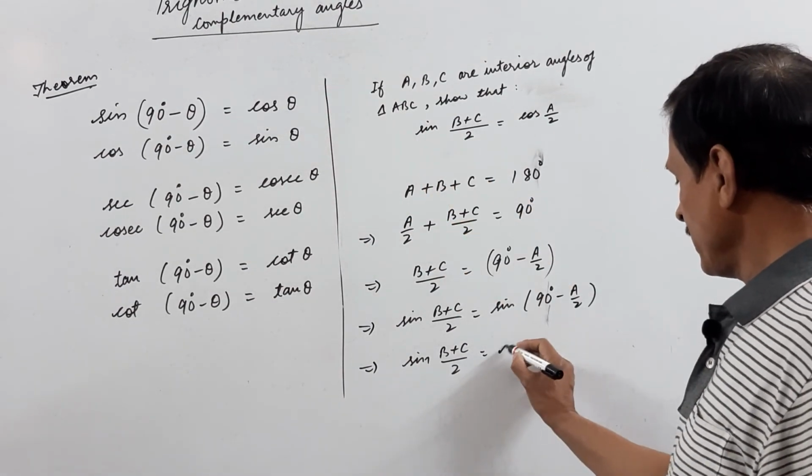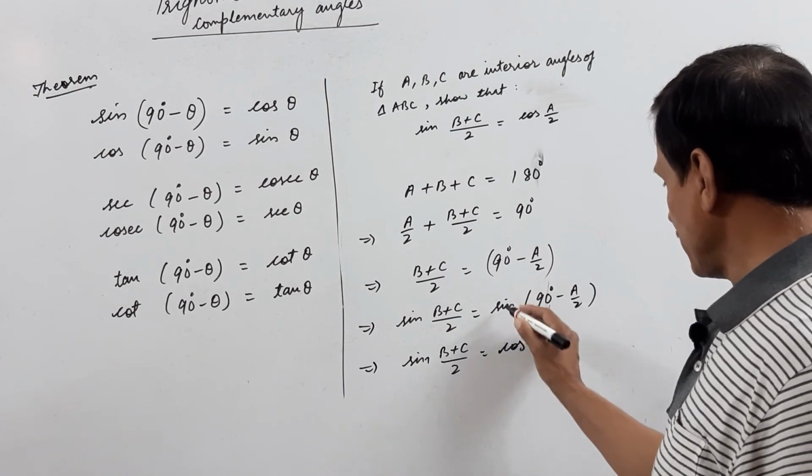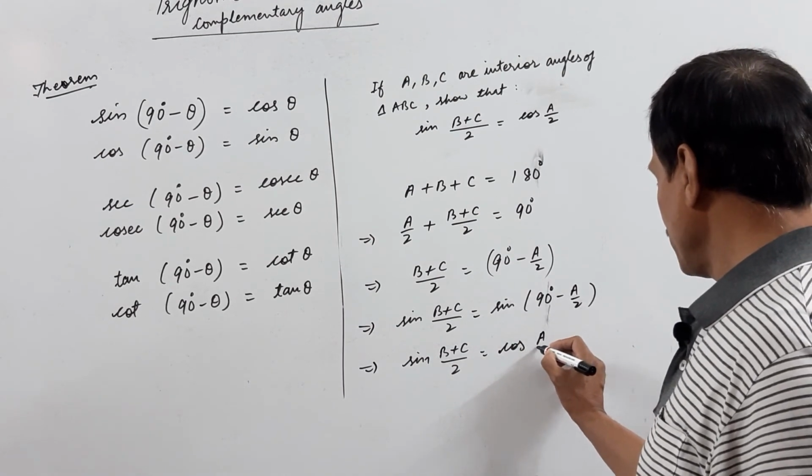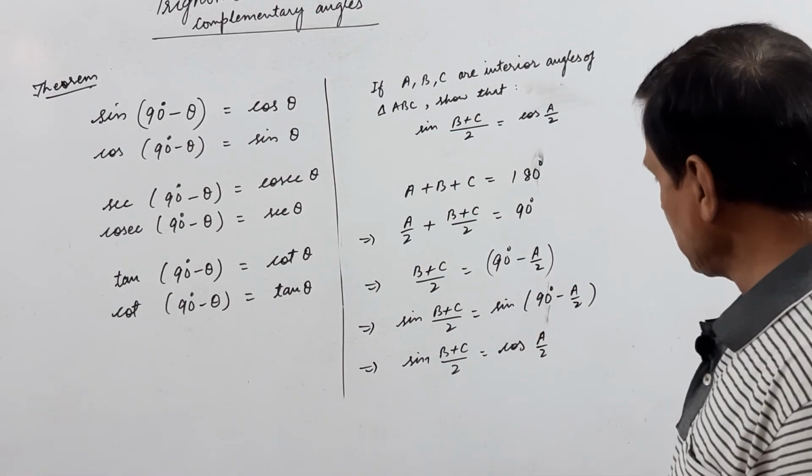So we transform this into cos theta, where theta is A by 2, hence proved.